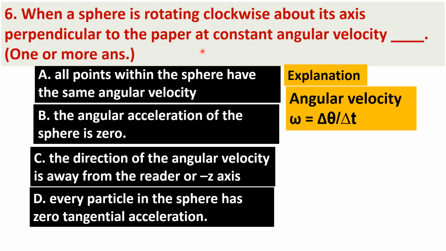If you're looking at your computer screen, imagine that the axis of rotation of this sphere is perpendicular to the screen. In our Cartesian coordinates, we usually label upward and downward as the y-axis, positive upward and negative downward. To the right we have positive x, and to the left, negative x.